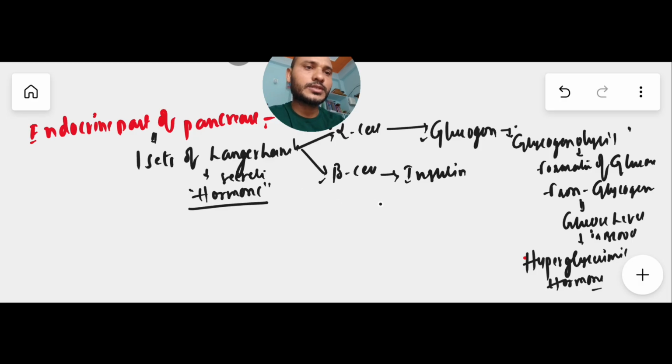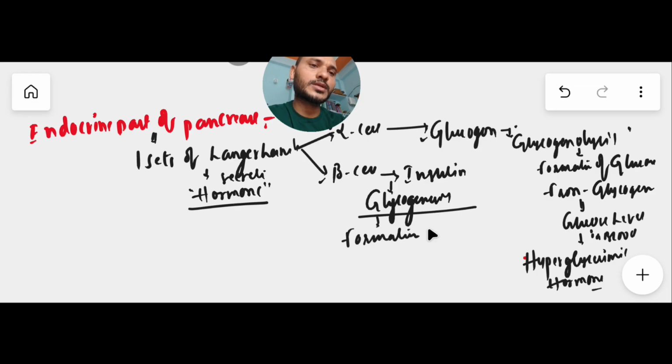Now coming to insulin. Glycogenesis process means synthesis or formation of glycogen from glucose. If an excess amount of glucose is present in blood, then this insulin hormone converts excess glucose into glycogen and then stores it in the liver.